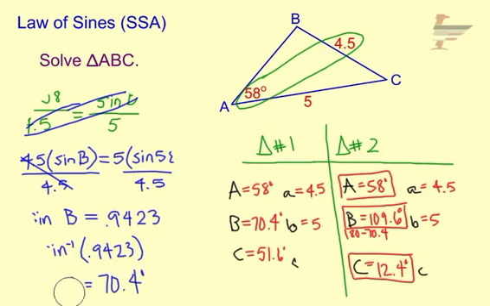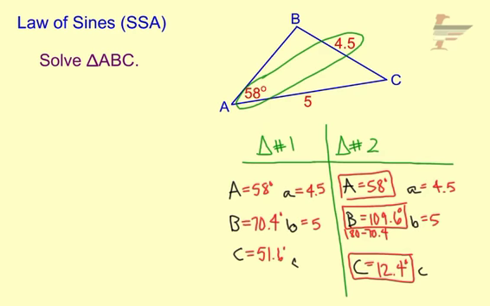So if I go ahead and erase what I have there, set up law of sines, I'm going to stick with sine of 58 over 4.5. It's going to be equal to, now I want side C, so I'm going to do sine of angle C, which I now know is 51.6, over side C. And then you're going to cross multiply, solve for C, and we get C is equal to 4.2.